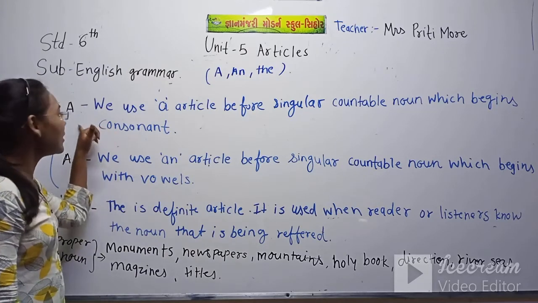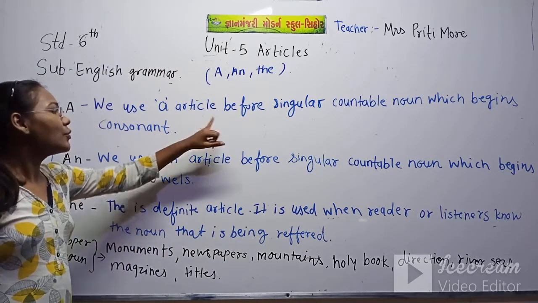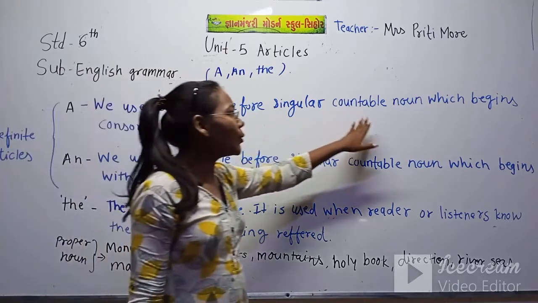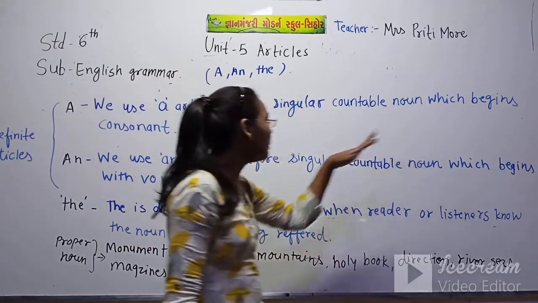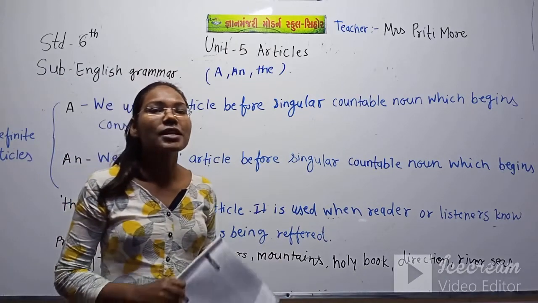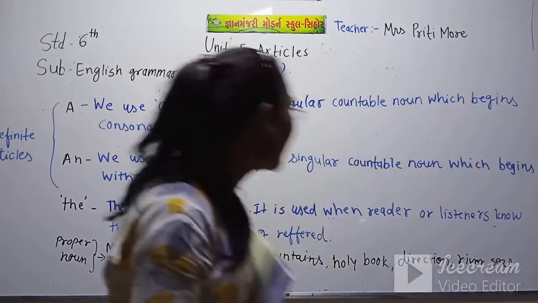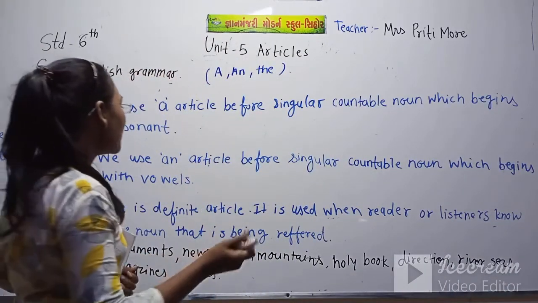So when to use a article? We use a article before a singular countable noun which begins with a consonant. That means there are 5 vowels.